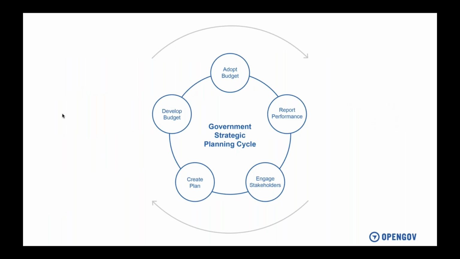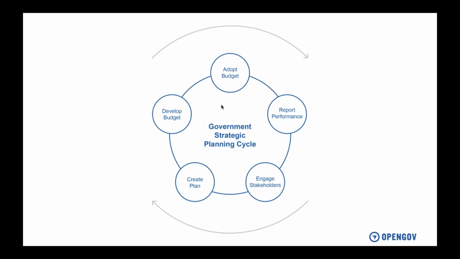One of the biggest ways that we can improve the effectiveness of government is by sharing context with all the different constituents who are involved in the decision-making process. And OpenGov helps our government customers to effectively operate across the strategic planning cycle. It's about providing that context and breaking out of the silos that have traditionally hampered communication and sometimes can lead to distrust.